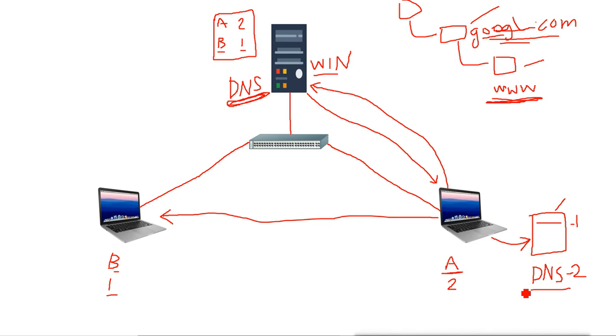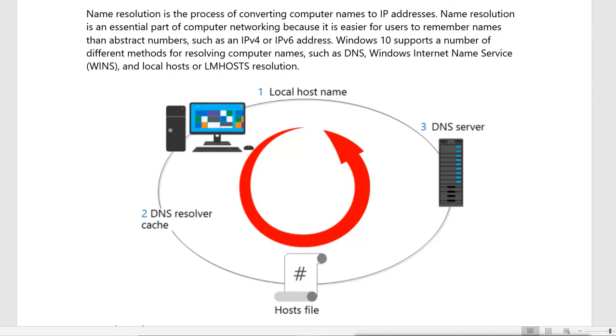So our Windows 10 still supports all these options to resolve a name. If it is not able to find the name in the host file, it will go for DNS.